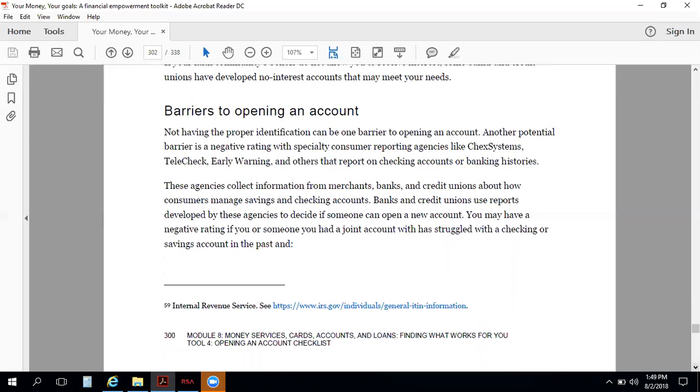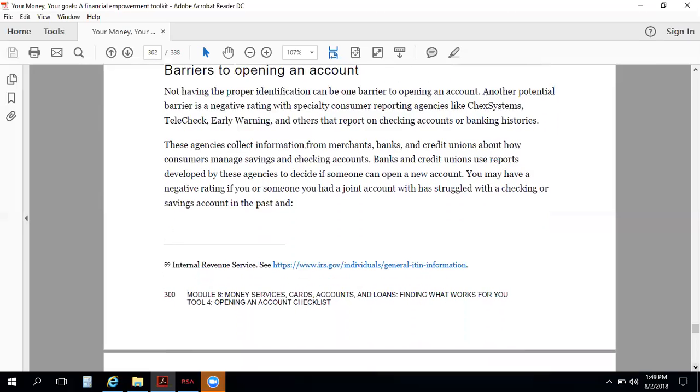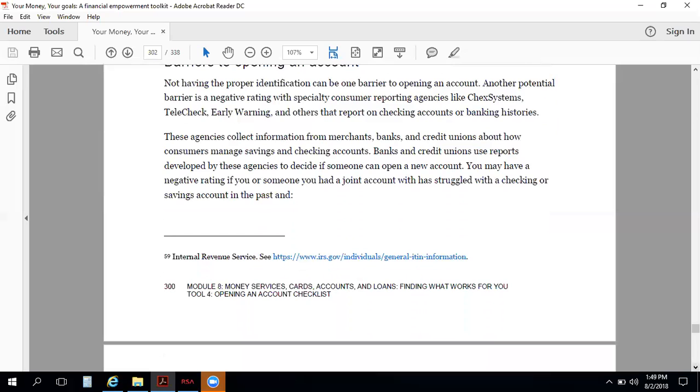Setting up an account. It does talk about how banks look at your banking history through reporting agencies similar to credit bureaus. It says these agencies collect information from merchants, banks, and credit unions about how consumers manage savings and checking accounts.